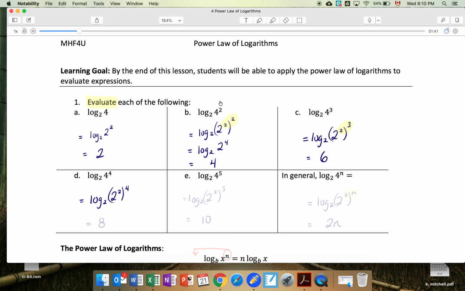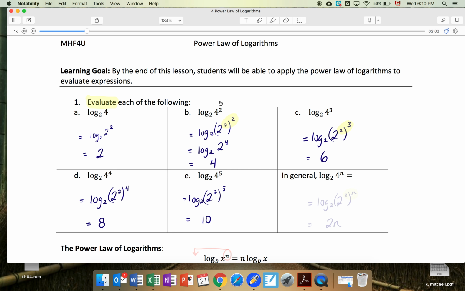Okay, well, 2 times 4 gives me 8. So 2 to the power of what equals 2 to the power of 8? That's just going to be 8. And then last but not least, hopefully you can kind of see the pattern now, we have log base 2 of 2 squared to the power of 5, which would give us 2 times 5, or 10.